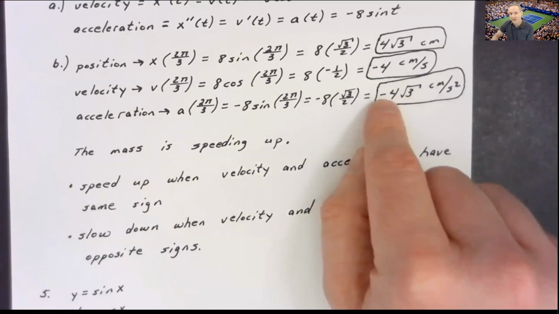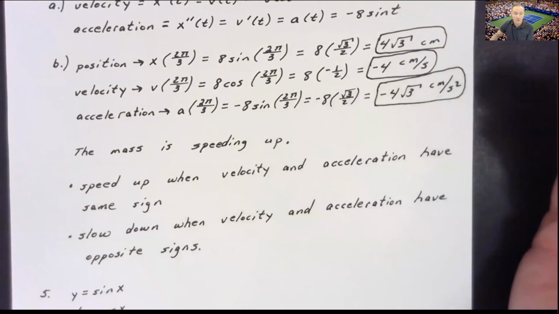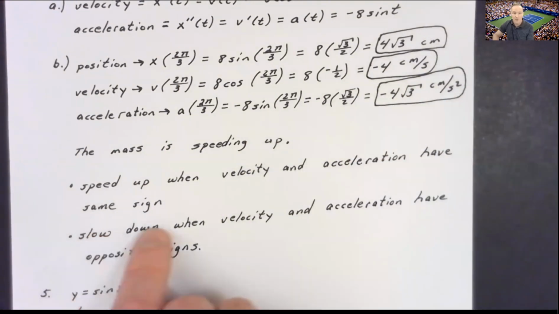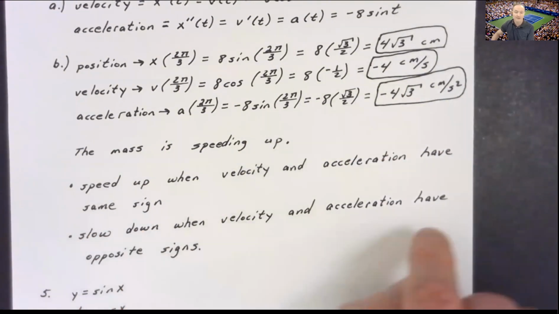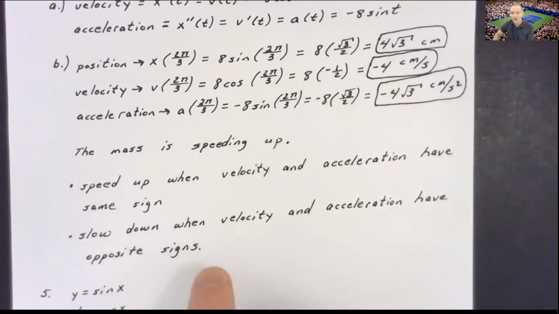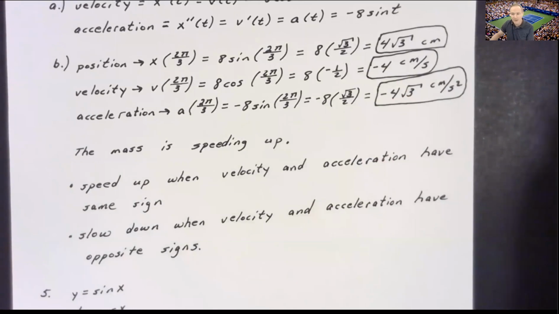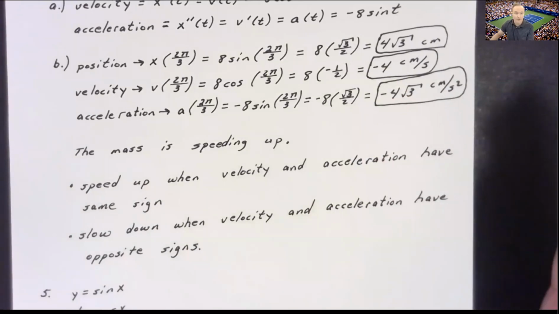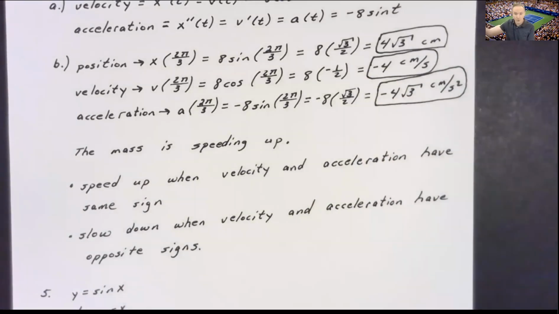The only time that a mass is going to slow down, and I put here, you would slow down if the velocity and acceleration have opposite signs. So what we typically think of, and we say, oh, well, it's decelerating. Well, that's because we normally think of the velocity as positive. If you're driving in a car and you're going forward, and you apply your brakes, then you're decelerating because that velocity is slowing down.